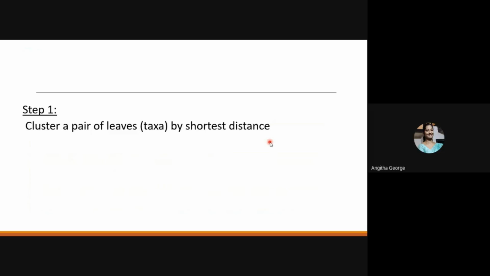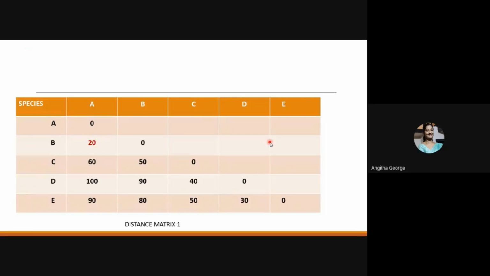Going through each cell value, you can see that the distance between species A and species B is 20. Comparing with all other values, not considering the 0 values, we can see that 20 is the smallest value. So we take 20. That means we can group A and B together.